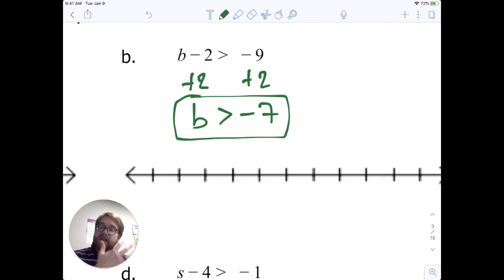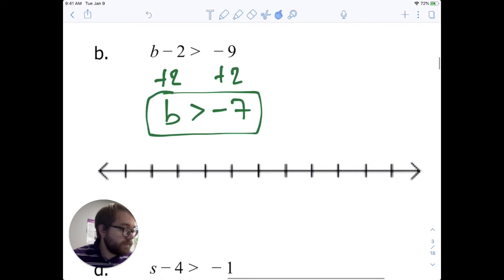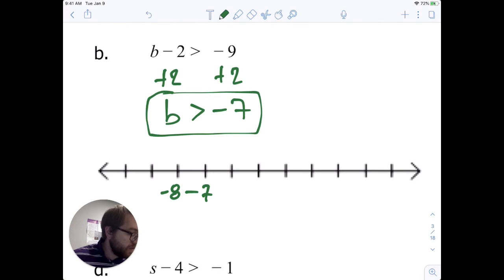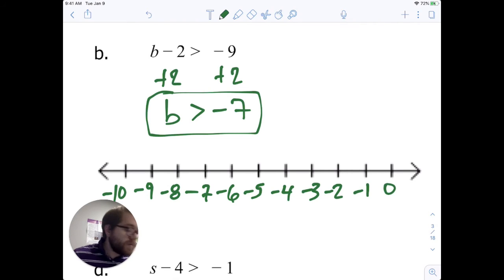So you just do the opposite operation of what's there, and then you graph that onto the number line. I can put negative 7 right here, put numbers that are smaller than that to the left of it, and numbers that are bigger than it to the right. I want you to put those numbers on the number line because we want to make sure we know what numbers are smaller and what numbers are bigger.